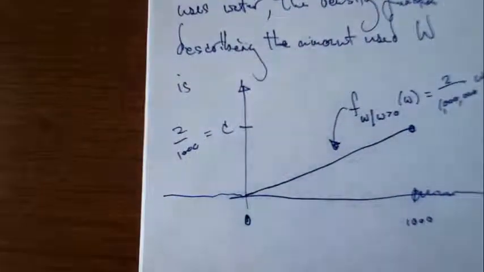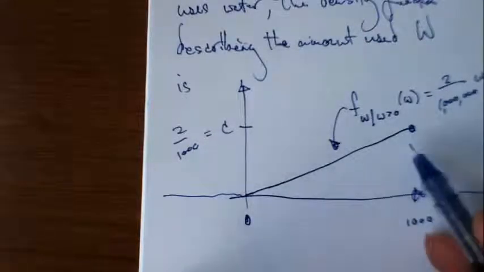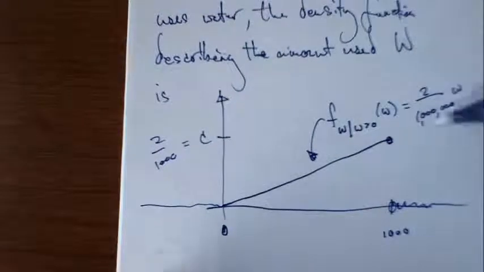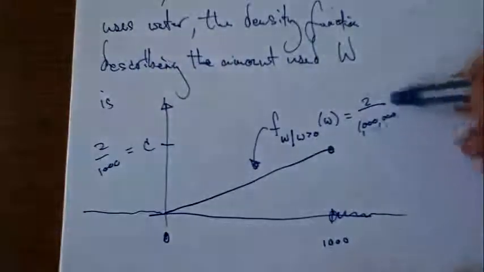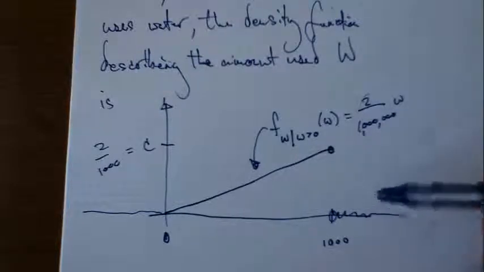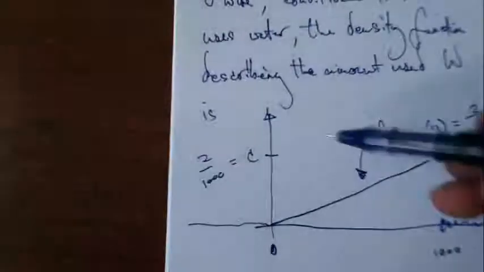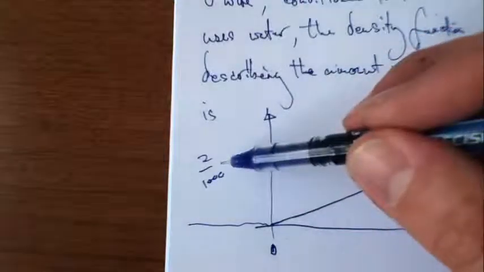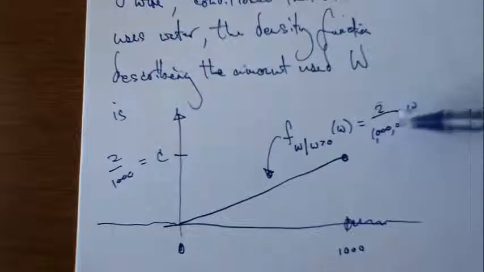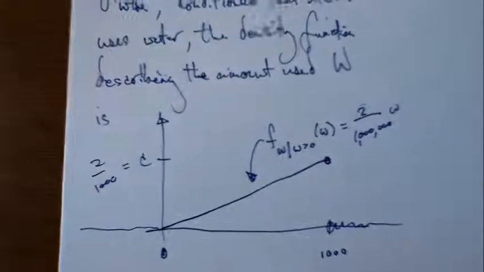It's 2 over 1,000 times 1,000 is 2. Take half of that because this is a triangle. Now this has to be the slope, which is the rise over the run, which is 1,000. So I think that's right.